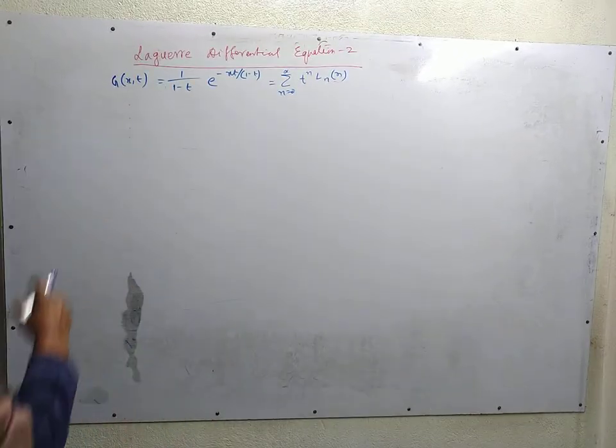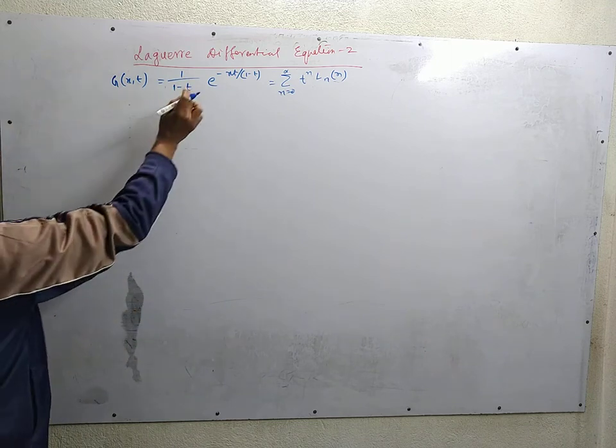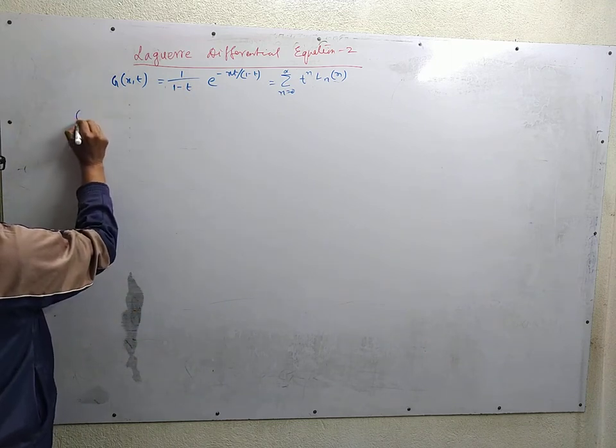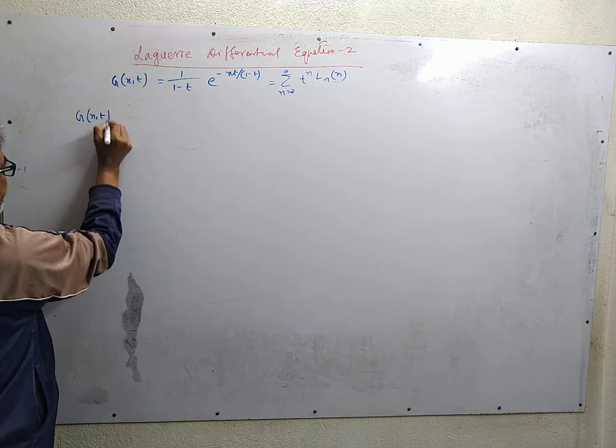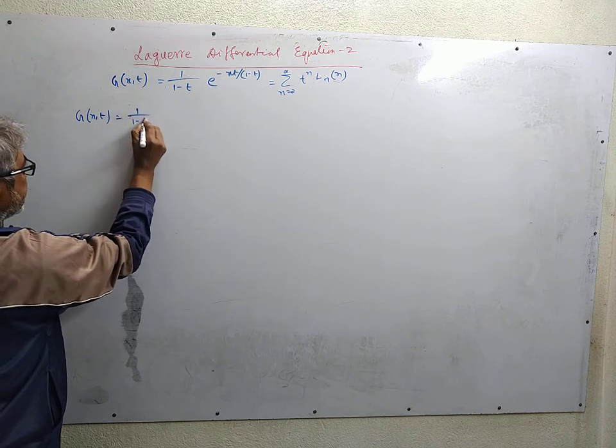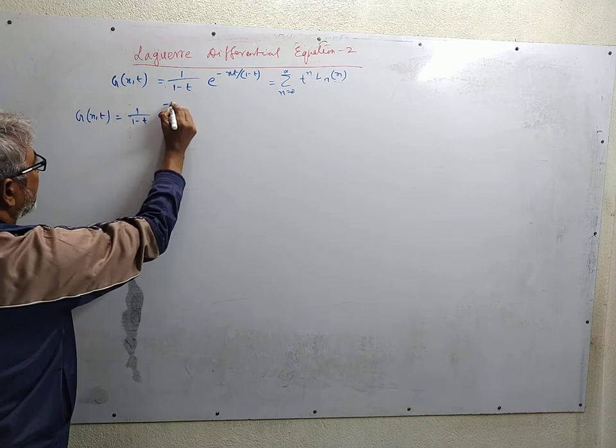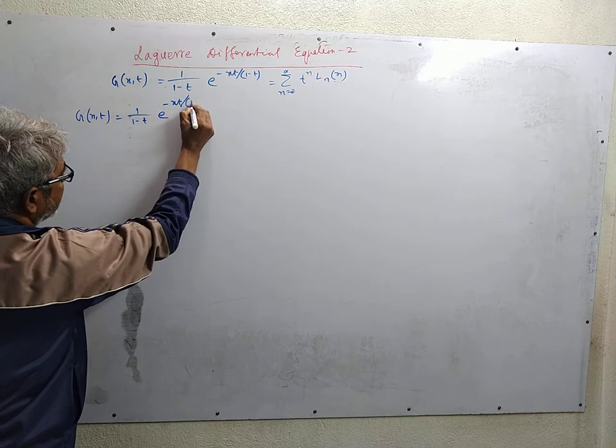To prove this, we start with the g(x,t) expression. This is 1 over 1 minus t times e to the power minus xt by 1 minus t.